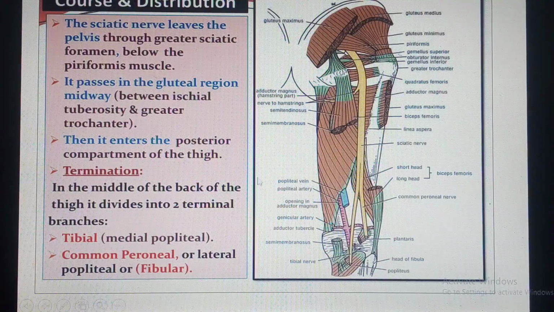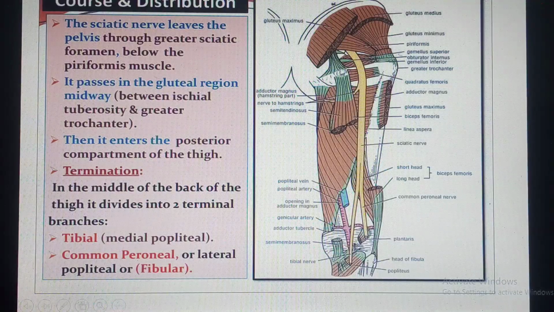Now, if we look at this, I've been talking about the sciatic nerve and all that. This sciatic nerve, as you can see over here, goes through the greater sciatic foramen to come to the posterior aspect of the gluteal region.